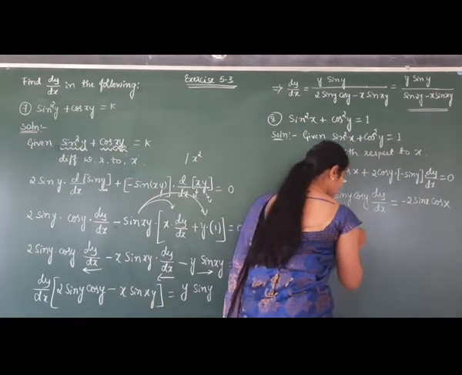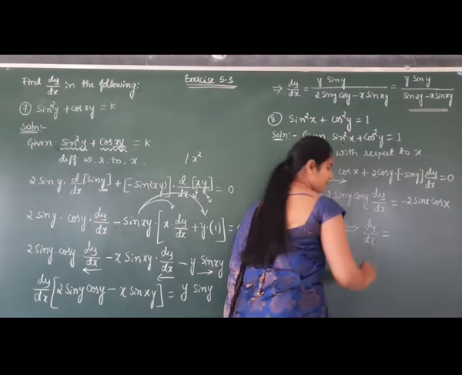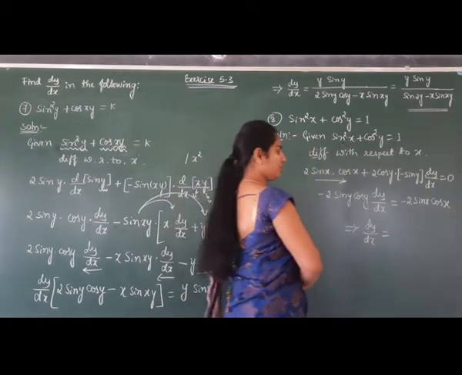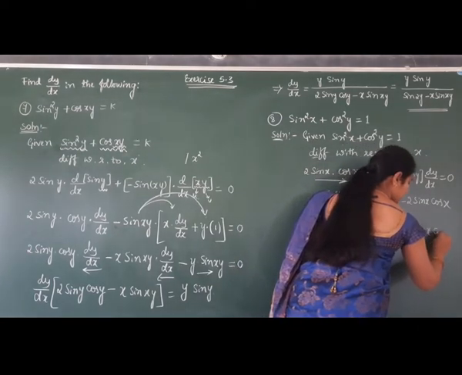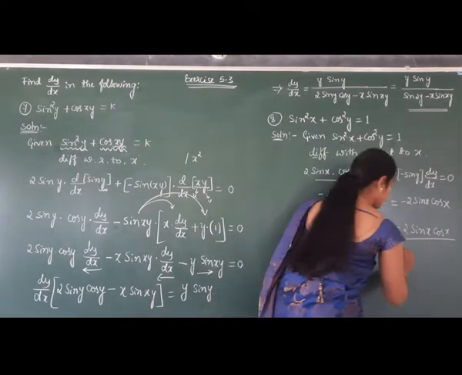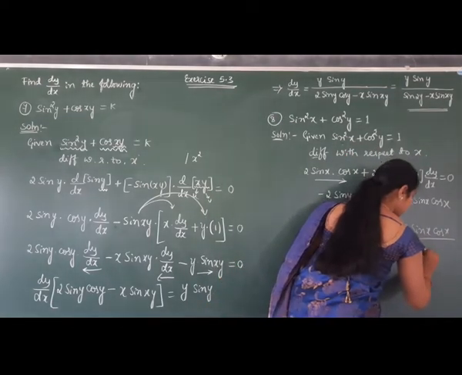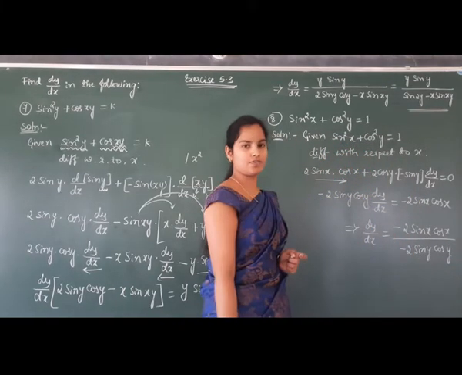So this implies dy by dx is equal to minus 2 sin x cos x divided by minus 2 sin y cos y.